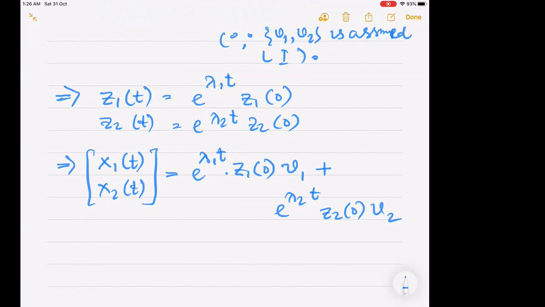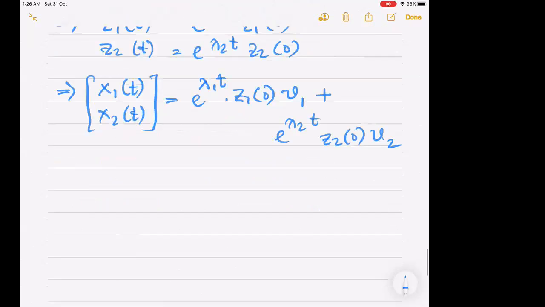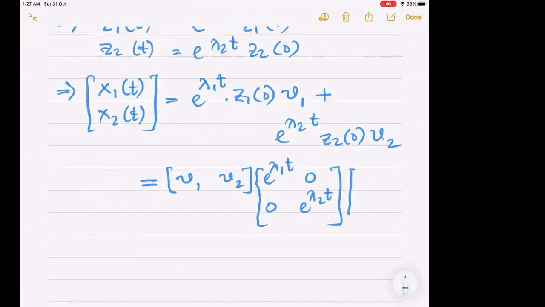Yeah, is that all right? Which is the same as, in matrix vector notation, I could just go ahead and write this thing as v1 v2 written side by side, in between the diagonal matrix like this, and z1(0), z2(0).